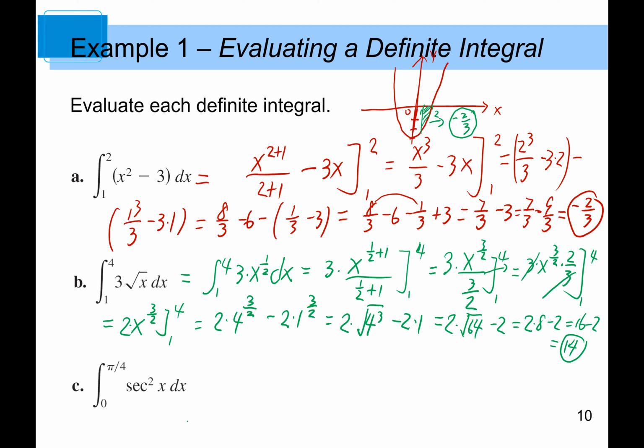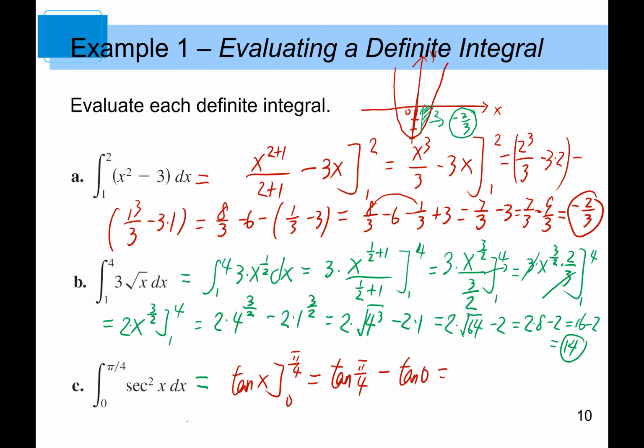And let's take a look at the third one. The antiderivative of secant x squared becomes tangent x. Nice and simple. From 0 to pi over 4. Now just plug in pi over 4 first, we get tangent pi over 4, minus, plug in 0, we get tangent 0.